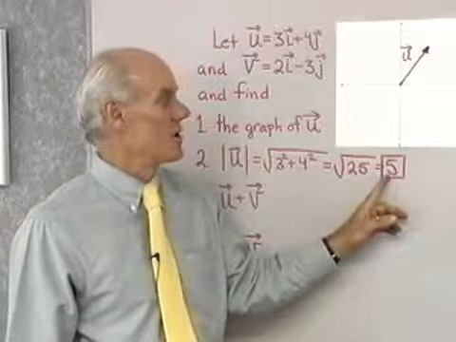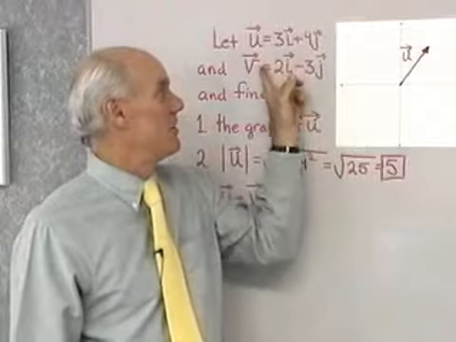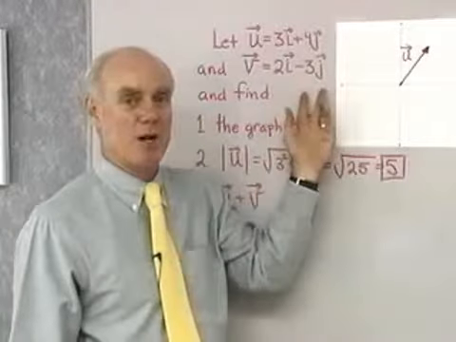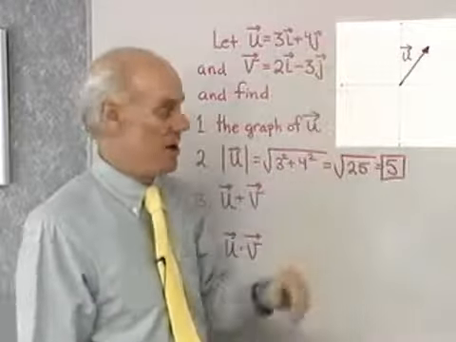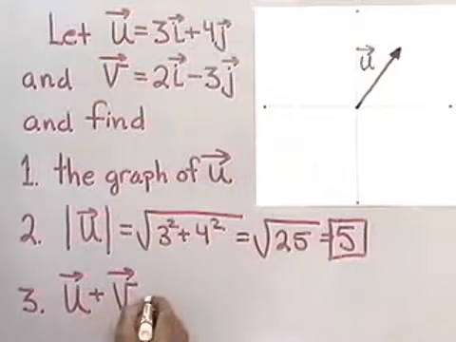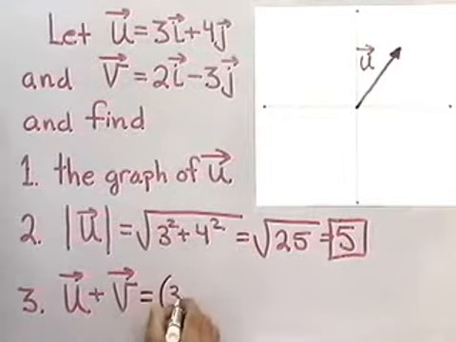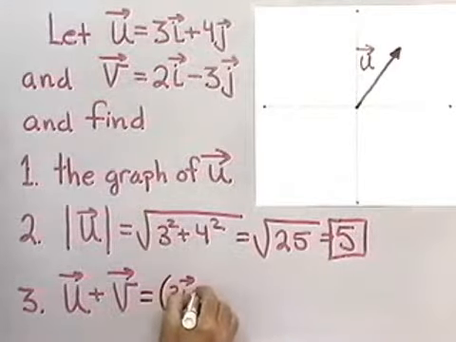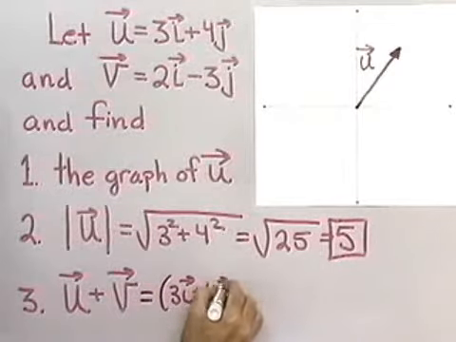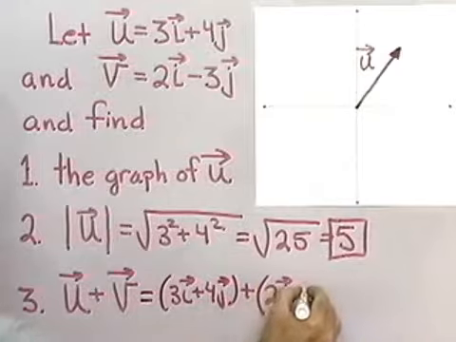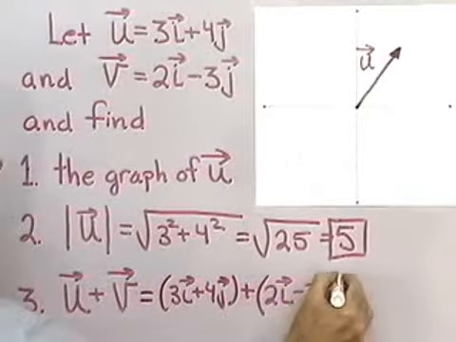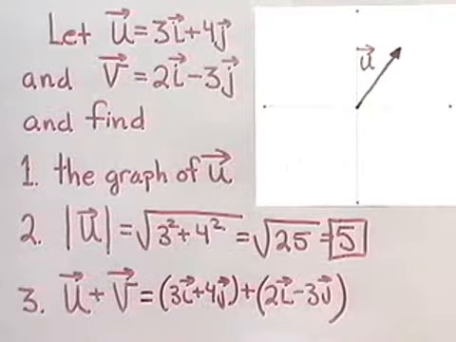Now the next thing I want to do is add vectors u and v, and I add them just like I would regular polynomials. I add similar terms. I add the i components and I add the j components. So u plus v is going to be 3i plus 4j plus 2i minus 3j. If I use the commutative and associative properties, I could take away the parentheses and change the grouping.